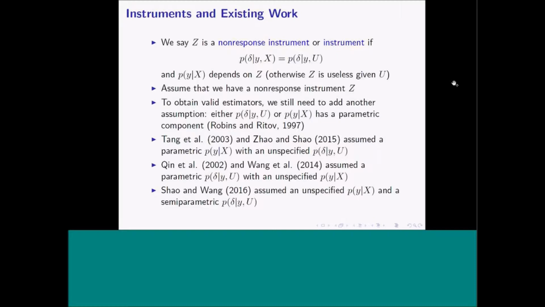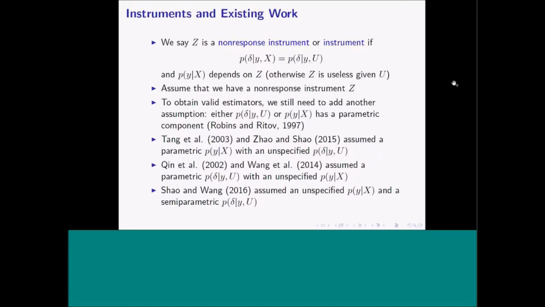It doesn't relate to response and doesn't even relate to the Y value given all the other covariates. Then this covariate is simply useless, because if the other variable U is present, then Z can be totally removed. So we need to assume that it can be excluded from the propensity, but this variable cannot be excluded from the joint density of Y and X. Then this Z will be useful.